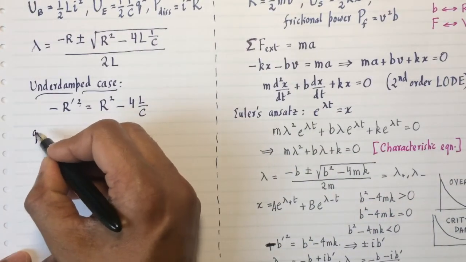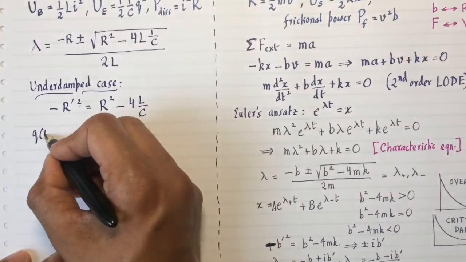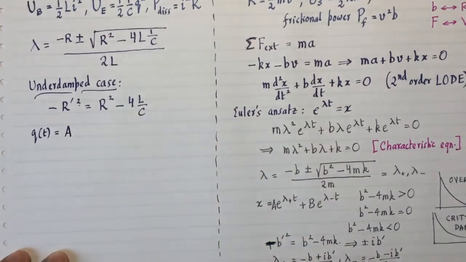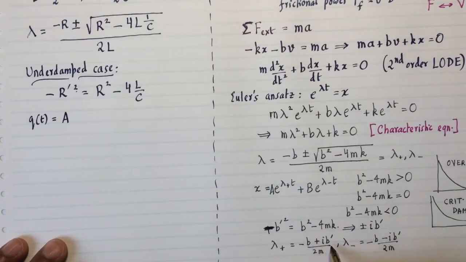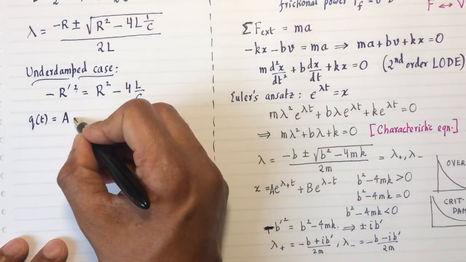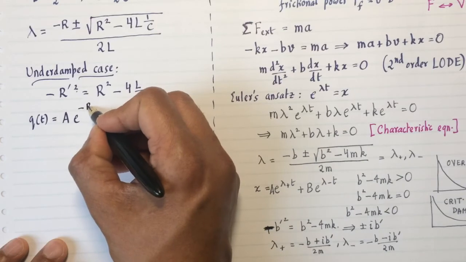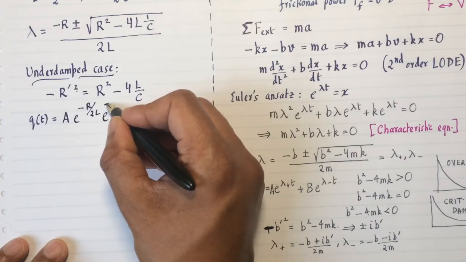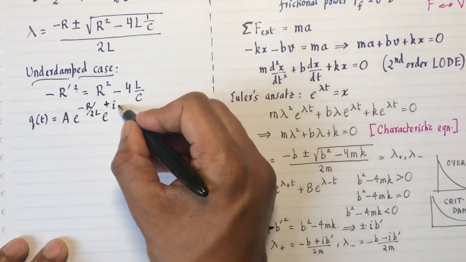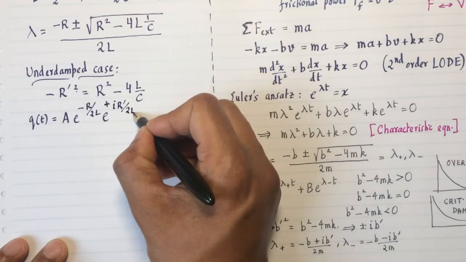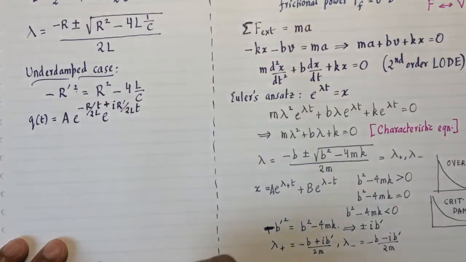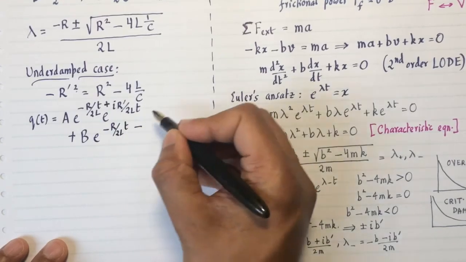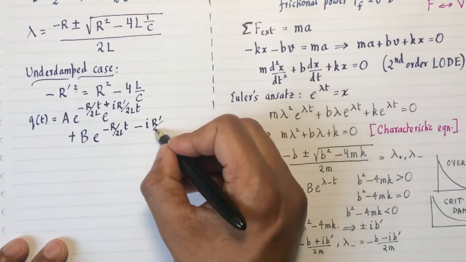So I'll write this as Q of t, because x is the same as Q. Q of t is going to be A times e to the minus r over 2L times t, times e to the plus i r prime over 2L times t, plus B times e to the minus r over 2L times t, times e to the minus i r prime over 2L times t.